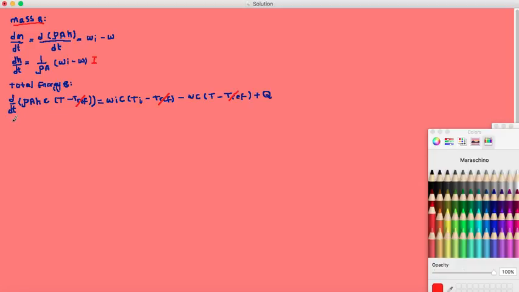We can also, actually knowing that rho A C is constant, just pull them out of this derivative operator, and we will have H and T inside the operator.